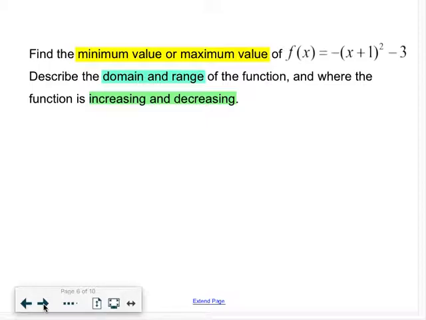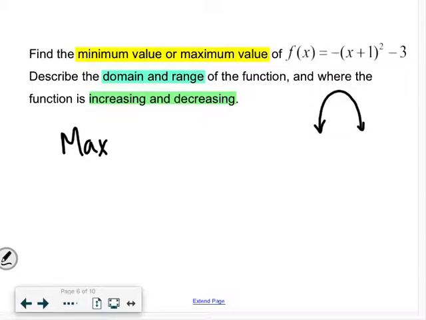Okay, Colin, was your group able to decide if this had a max or a min? You said maximum. Do you remember why your group said maximum? Because it's opening down, because A is negative. Okay.